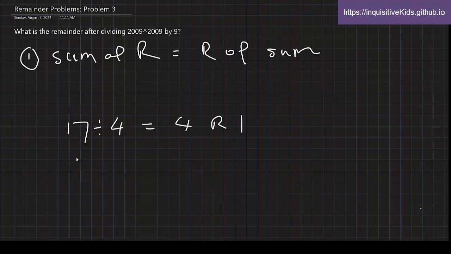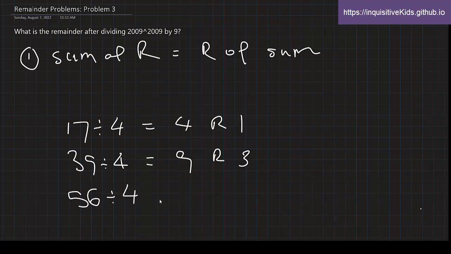And we also know that 39 divided by 4 is equal to 9 with a remainder of 3. If we add 17 and 39 together, the dividends together, then we get 56. And what's 56 divided by 4? Well, that's equal to 14 with a remainder of 0.